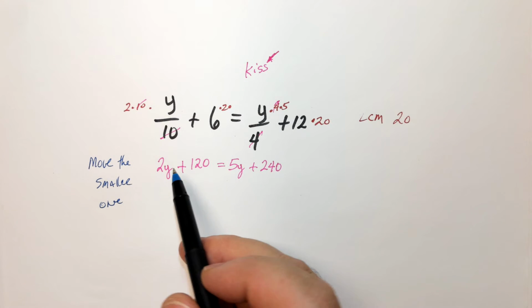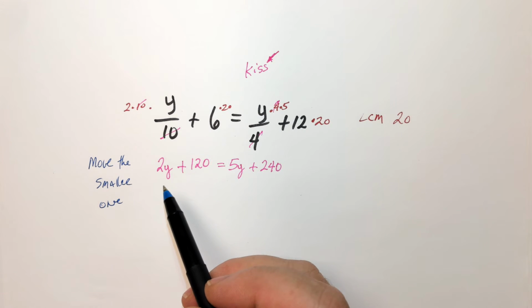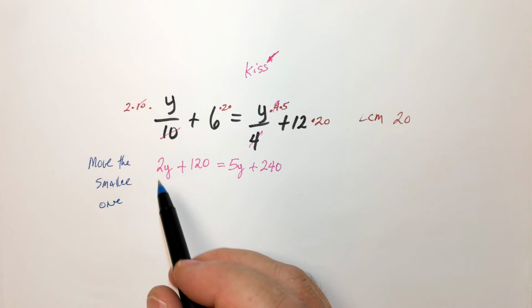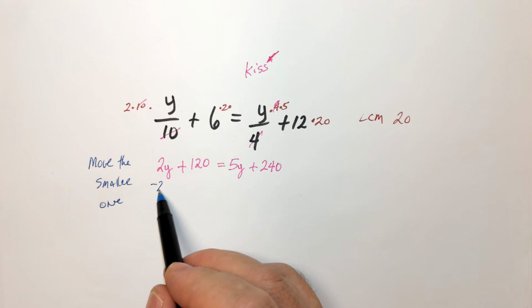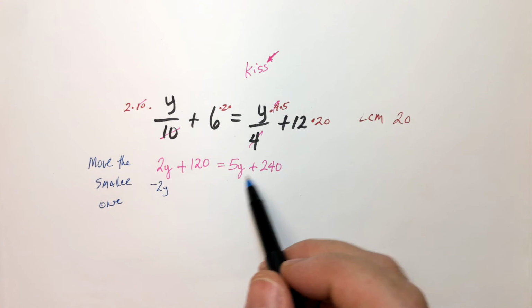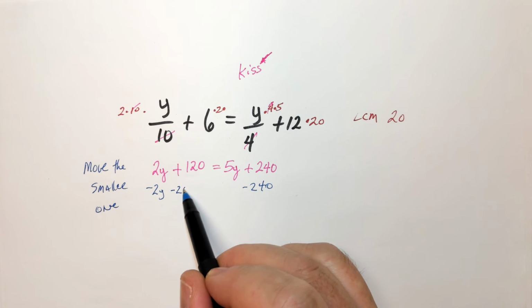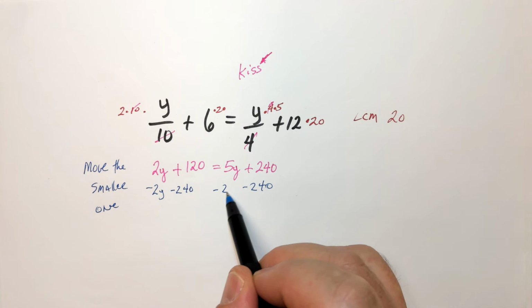So you want to subtract this one because it's smaller. You're going to subtract 2y, and at the same time we can also subtract 240 from both sides, all at once.